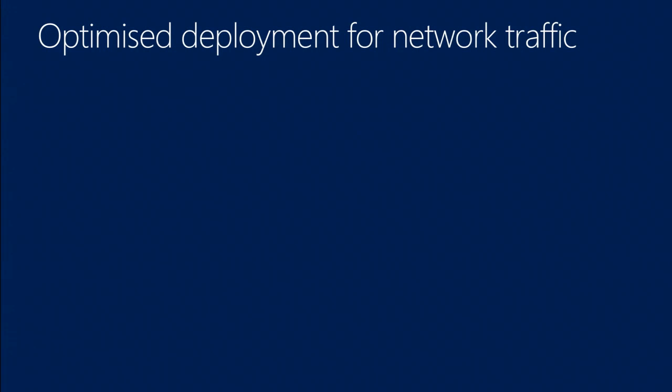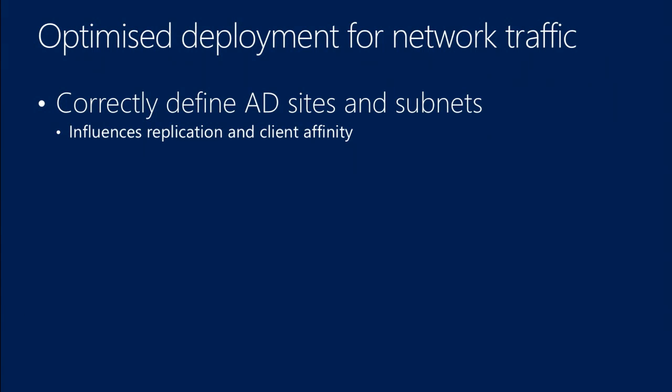The other thing to consider is absolutely optimize your traffic. So make sure you set up your AD sites and your subnet definitions properly. Remember, AD sites you create to control replication of AD traffic, and the subnet definitions you create so that the clients have site affinity.